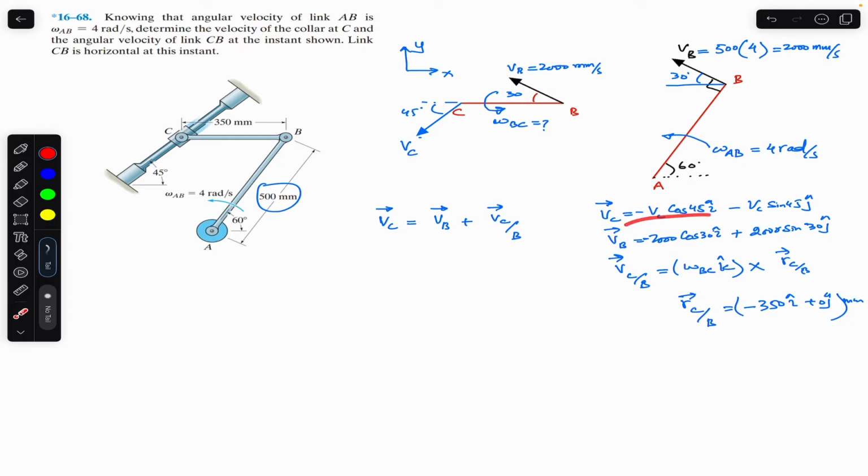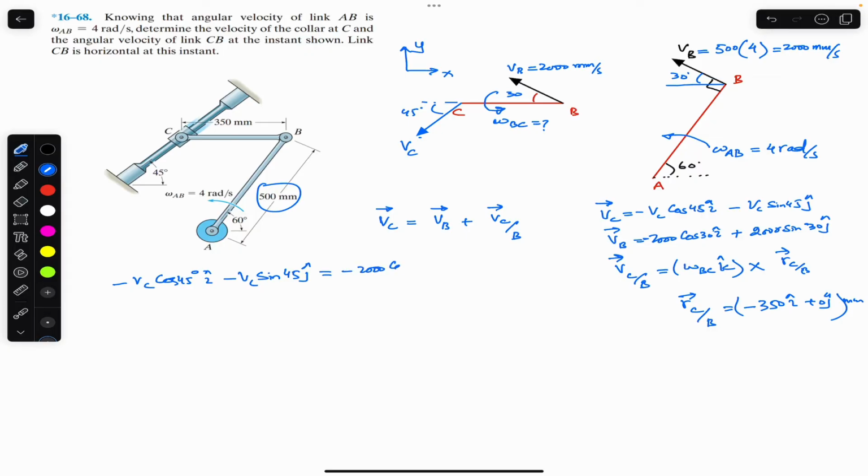So now putting all these in this equation, Vc is minus Vc cos of 45 i minus Vc sine of 45 j equals Vb. So Vb is 2000 cos of 30 i plus 2000 sine of 30 j, plus the velocity of c relative to b.